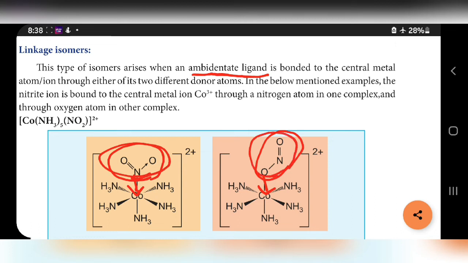This ambidentate ligand is bonded to the central metal atom through either of its two donor atoms, either nitrogen or oxygen. In the example, NO2 is called nitrite. The nitrite ion is bonded to the central metal ion through its nitrogen atom in one complex and through the oxygen atom in another complex. That is given here as an example.